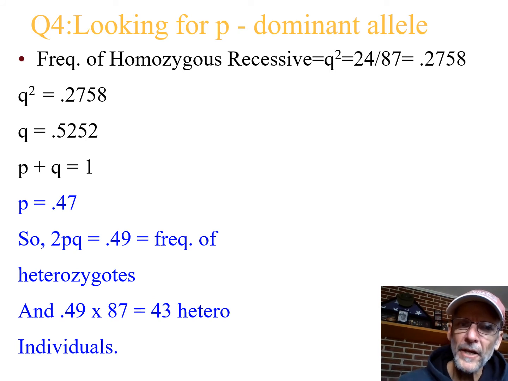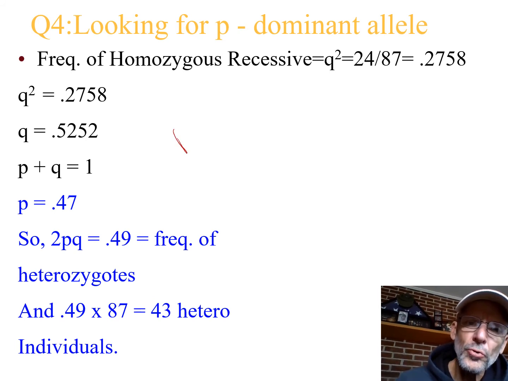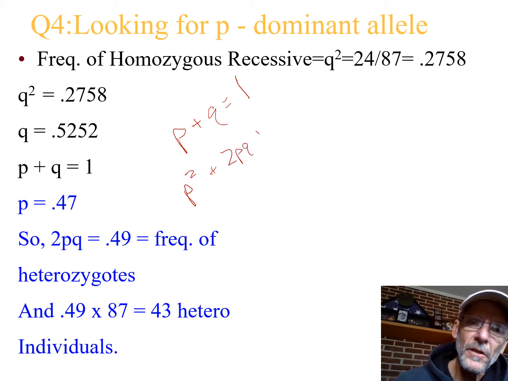Okay, so this is what we just said. We identified that of our 2 tools that we have to use, the gene frequencies have to add up to 100%, right? We only have 2 genes. Their frequencies are p and q, and p + q has to equal 100%, right? And then the genotype frequencies, homozygous dominant, heterozygous, homozygous recessive, oops, that's squared: p² + 2pq + q² has to equal 1.